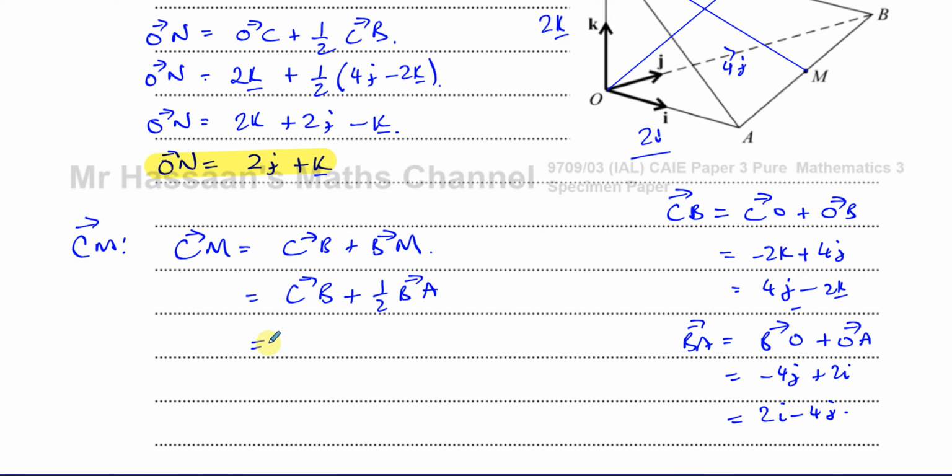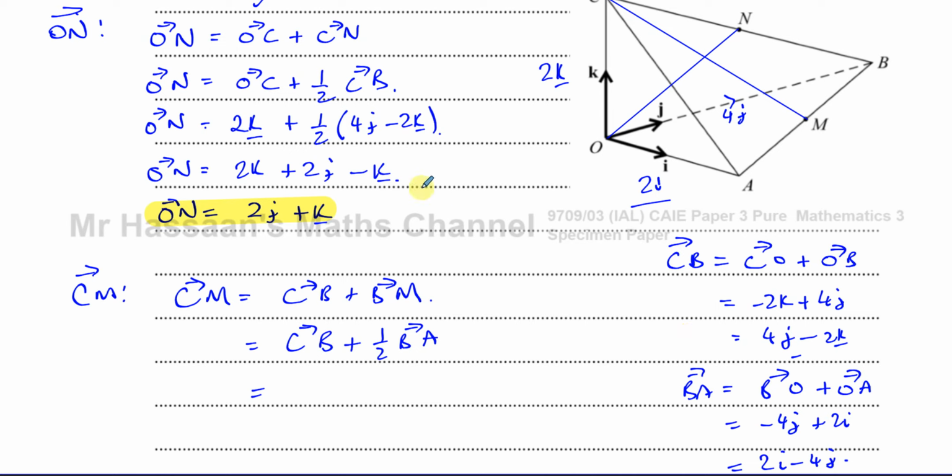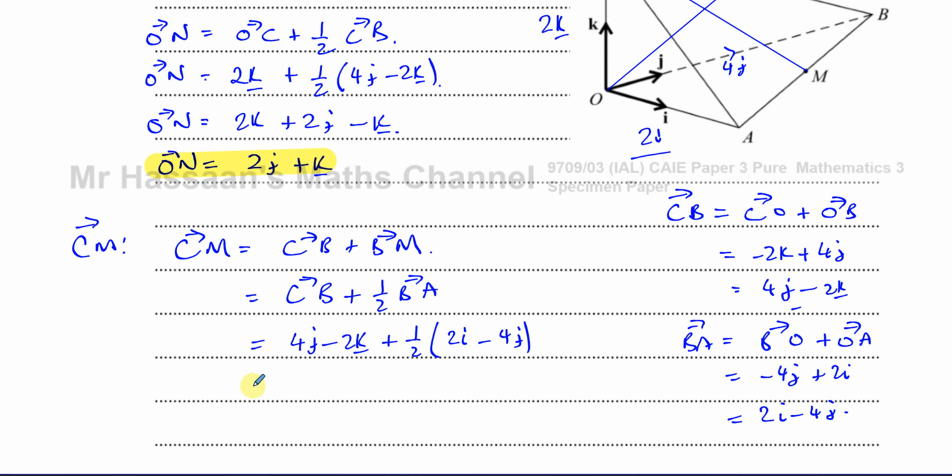So C to B, as we mentioned already, is 4J minus 2K, as we worked out already. So you've got 4J minus 2K plus a half of B to A, which is 2I minus 4J. Okay, so we end up with C to M is 4J minus 2K plus I minus 2J.